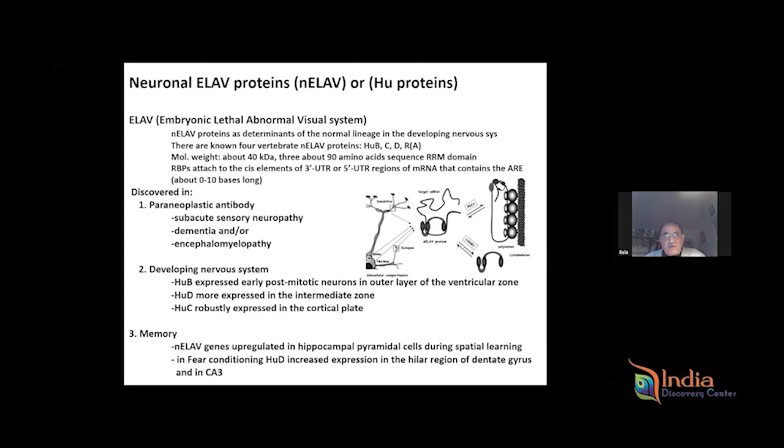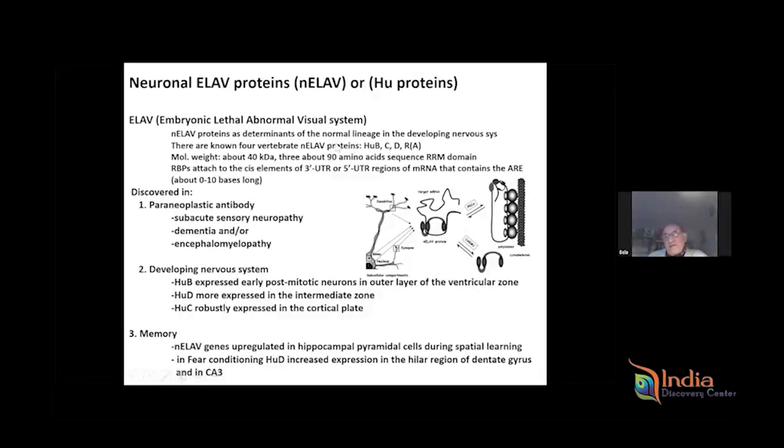I just would like to bring up this side because the neuronal ELAV protein was discovered.